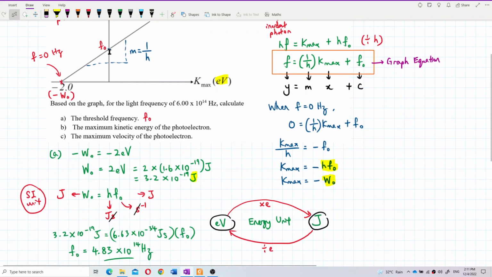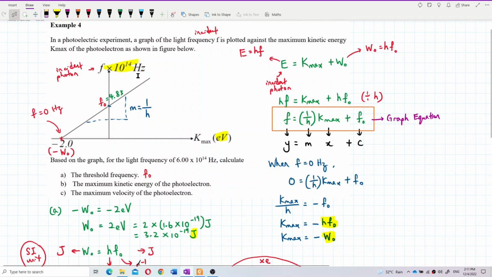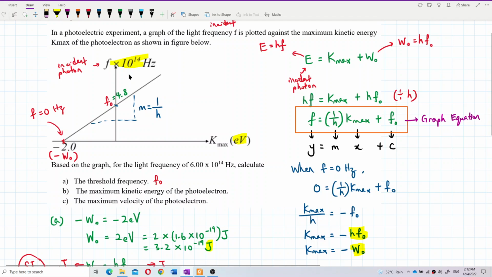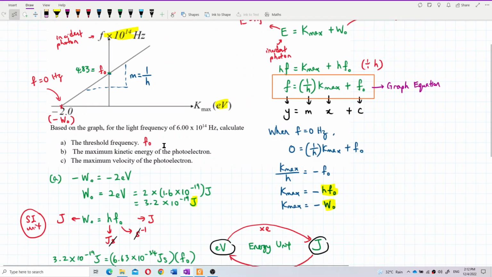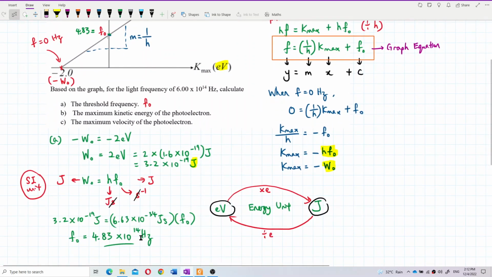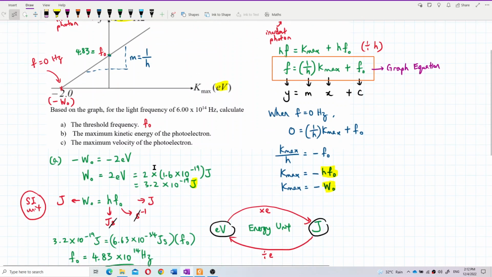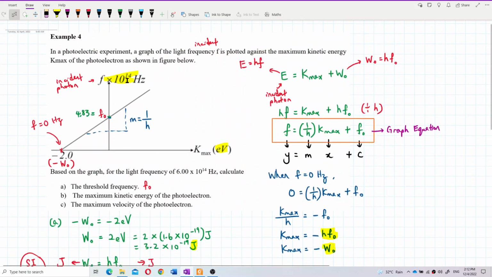The exponent 14 is already written in the label at the y-axis, so there is no need to write it again.